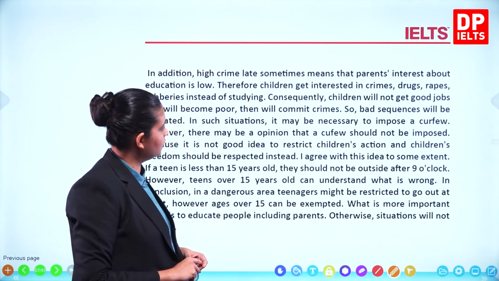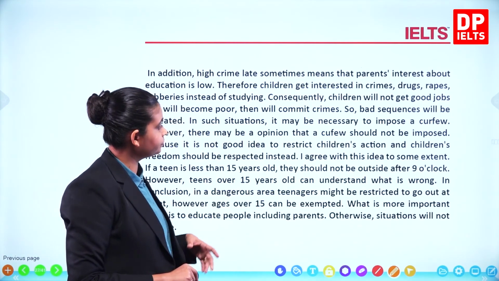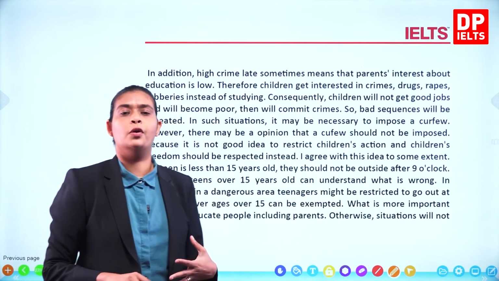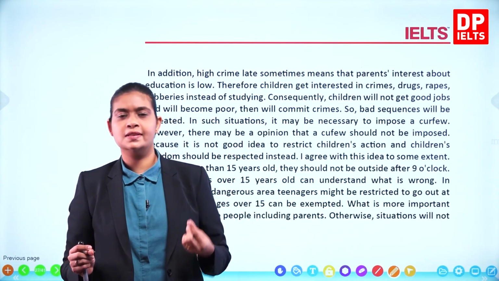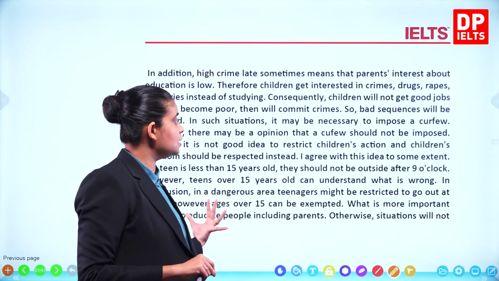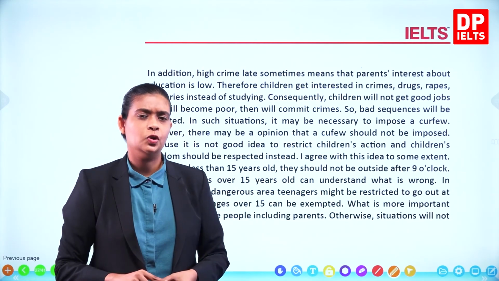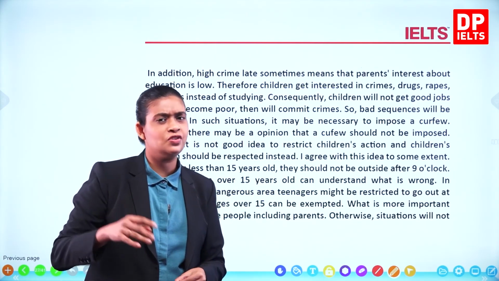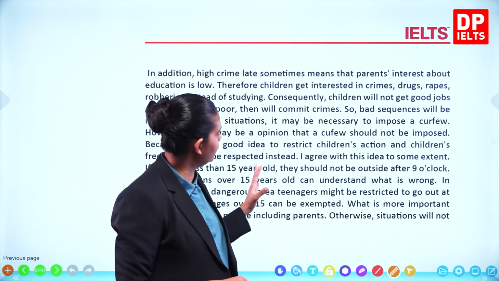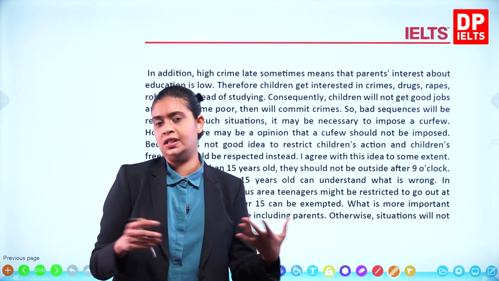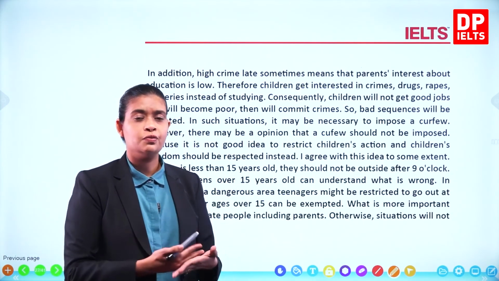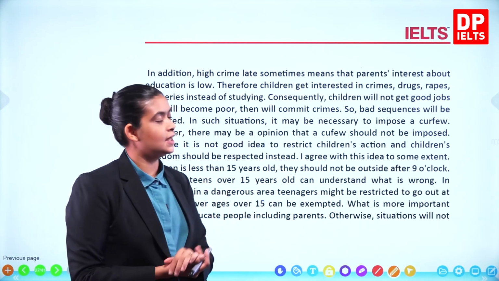I would give a 6.0 as a score because of the logical structure, the cohesive devices, mainly because of the language. Simple sentence structures are there, but complex seem to be a bit not so good, right? So think about it. Take the band descriptors. I've shown it to you. It's readily available to download online. Read it through, compare it against the answer.